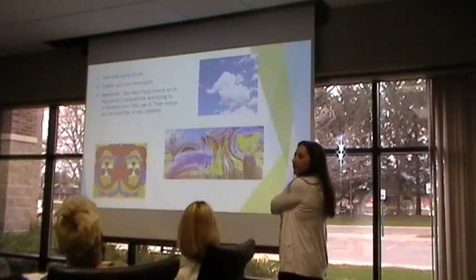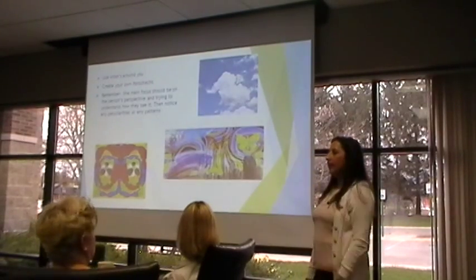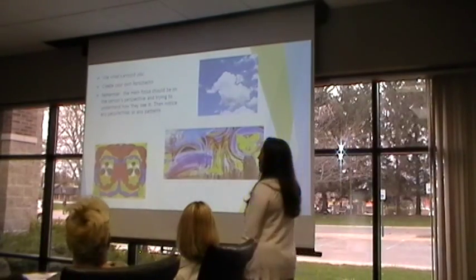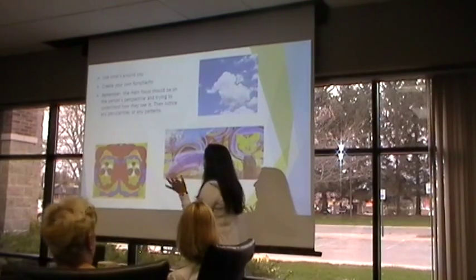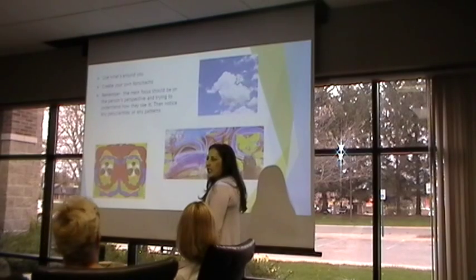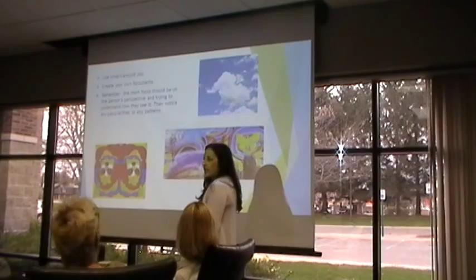Make your own Rorschach. I've done that before. Using paint. Okay, half a sheet, flip it over, then you open it. What do you see? Okay, or make up a story about it. Just different ways to be creative and use it. Again, the main focus is using their perspective, trying to understand how they see it. Okay, and then just notice anything that sticks out, anything that's different, any recurrent themes that keep coming up, things like that.